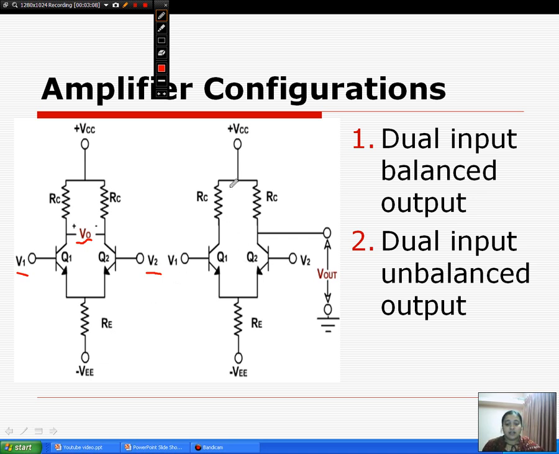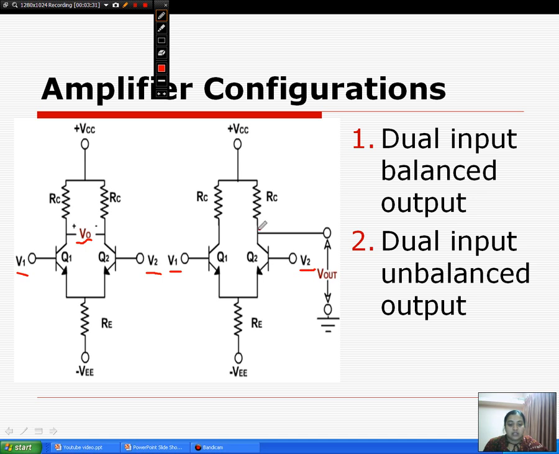Now let us see second configuration, which is dual input unbalanced output. As we see, this configuration also has 2 inputs V1 and V2, which are applied at the base of respective transistors. And we can see the difference between the two.